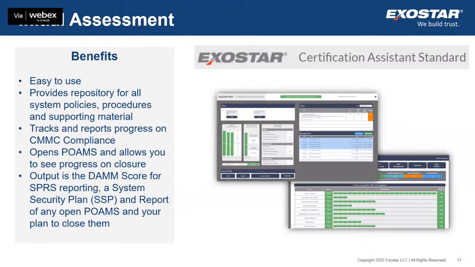Certification Assistant will walk you through each of those 110 controls. It'll allow you to say whether or not you've implemented them, and to consolidate all the information you have around how you've implemented that control.